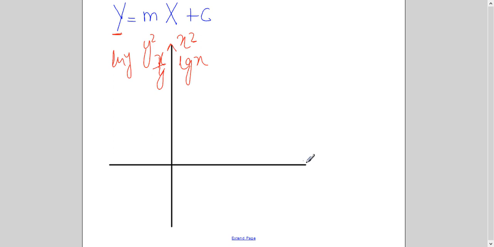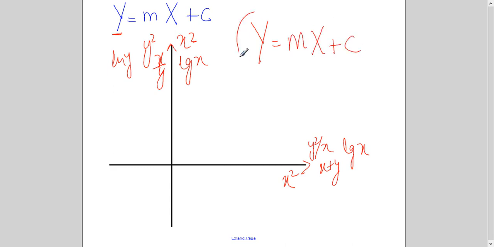Similarly, here I can have anything: x plus y, x square, y square upon x, lg x, lg y. Depends on what comes when you arrange your non-linear equation into linear form. What comes here will be your y-axis, and what comes here will be your x-axis.